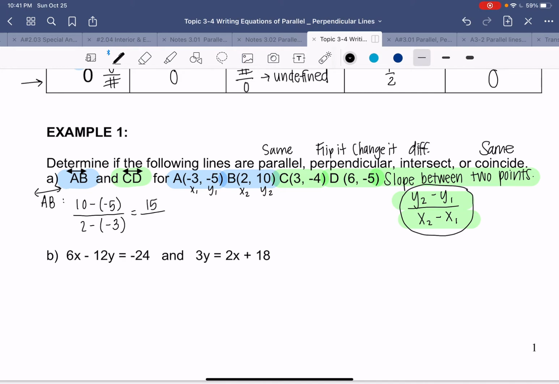And a 2 minus a -3 gets us 5. So the slope here is 3. Okay, so now we're going to do that again for CD. So I want you to start that.